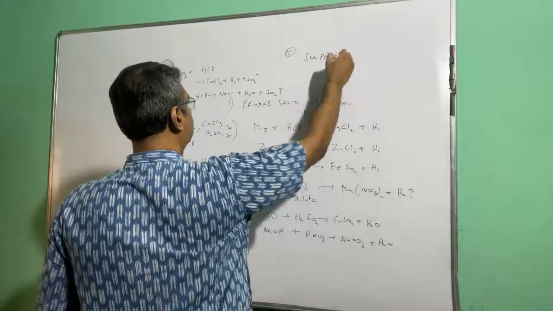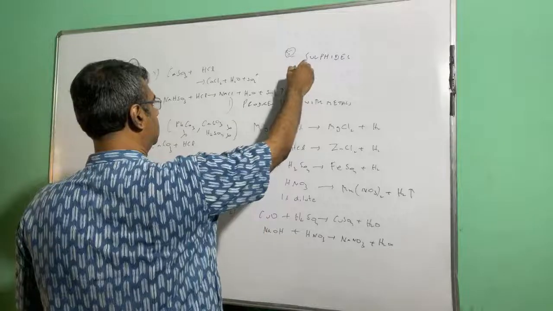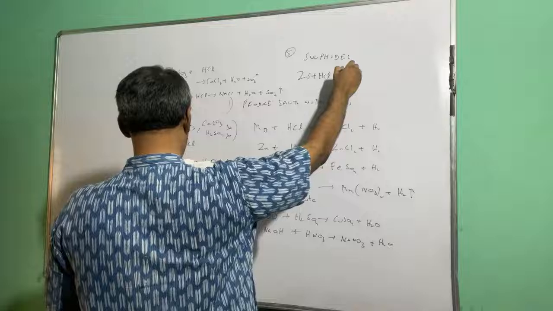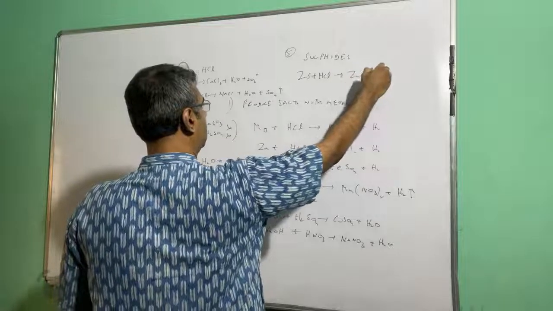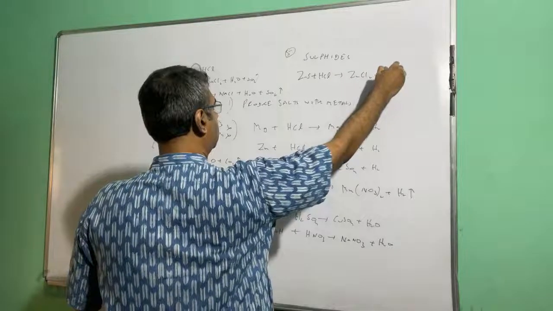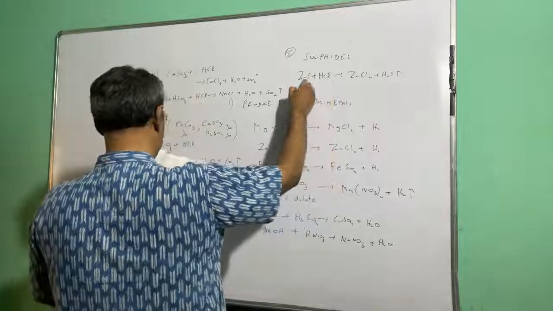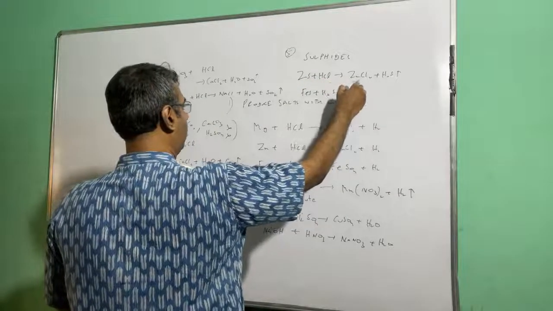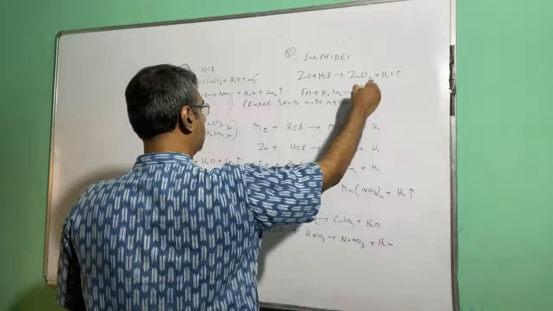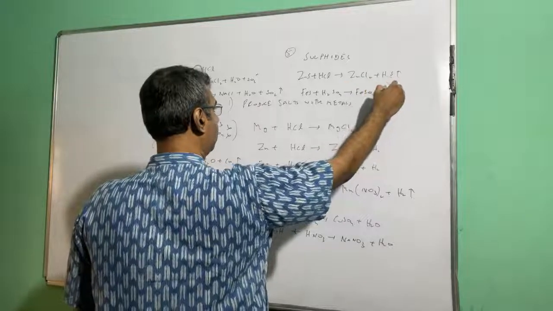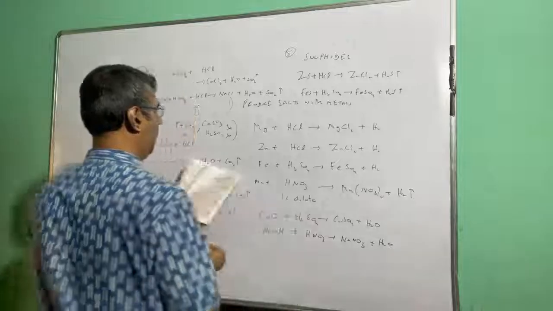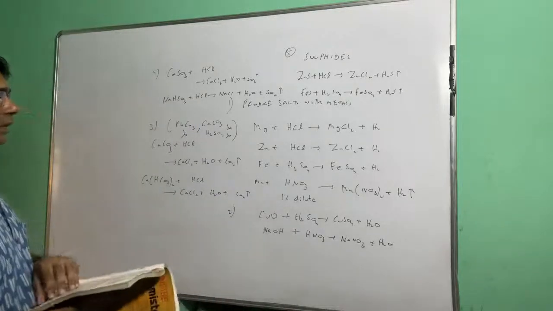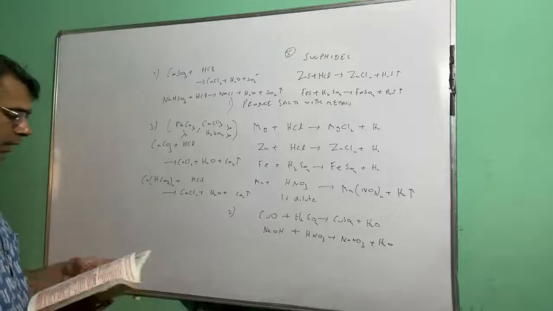Then number 5 is reaction with sulfides. So zinc sulfide will give zinc chloride plus H2S. And similarly, iron sulfide plus H2SO4 will give FeSO4 plus H2S, right?